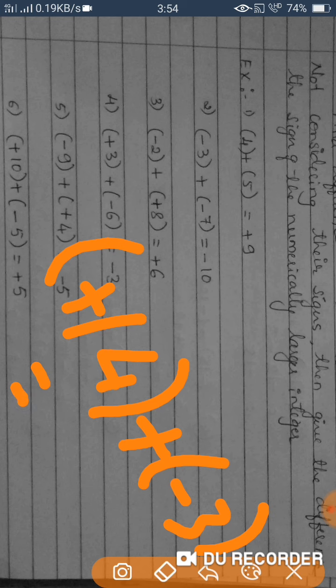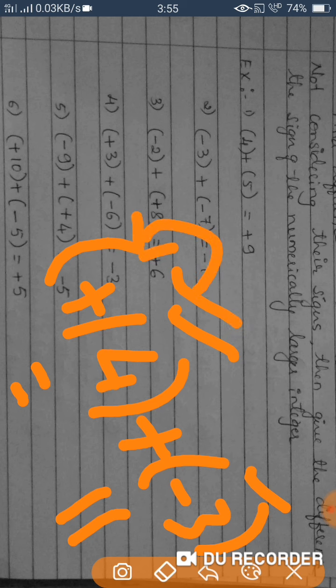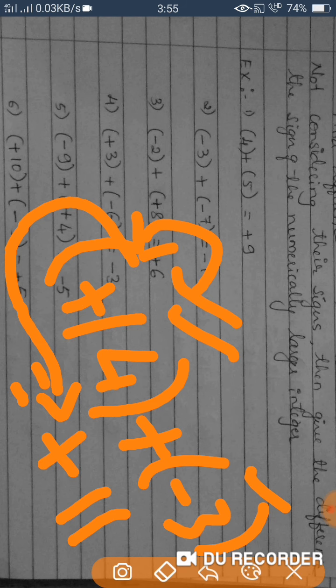So there is an addition between different signs. So 14 minus 3, we have to subtract first. The difference of 14 and 3 is 11. But which is the bigger numeral of these two? 14 is the bigger numeral. So that sign I have to keep as the sign for the answer, that is positive.